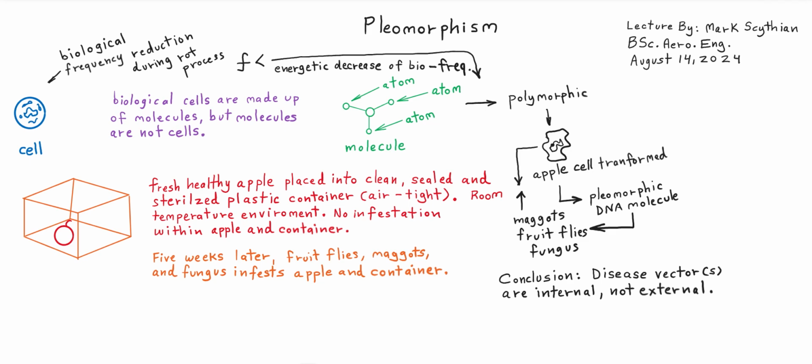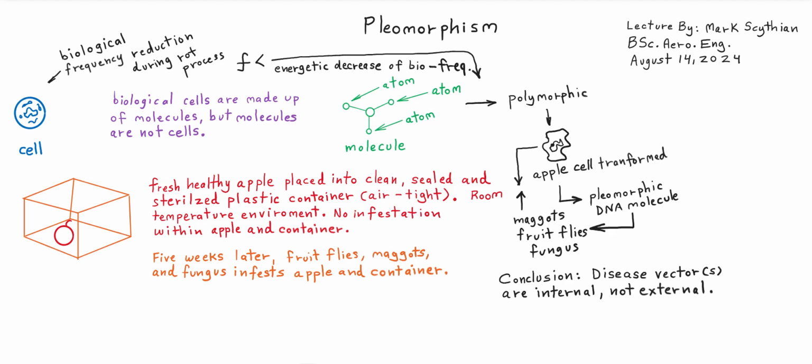So this very much proves that the incursion of disease is an internally sourced environment, and it's not coming from outside of the environment, other than physical injury and things that would alter the mechanical structure of cells.